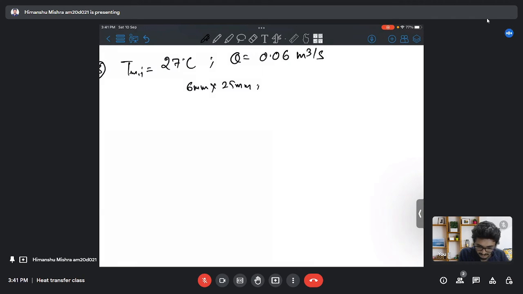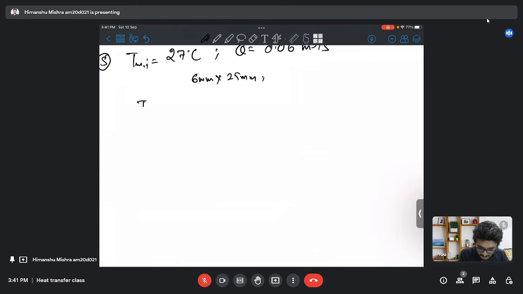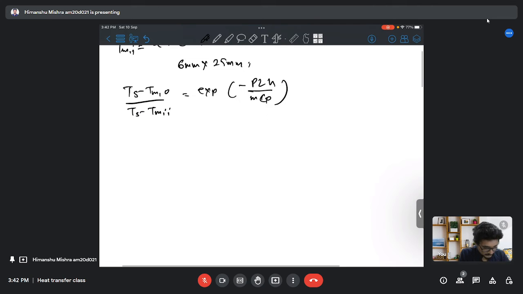So we can find the air outlet temperature from the mass flow rate. If I consider the density of air as, let's say, 1.12 kg per meter cubed, I will get a mass flow rate of 6.77 times 10 to the power minus 2 kg per second.